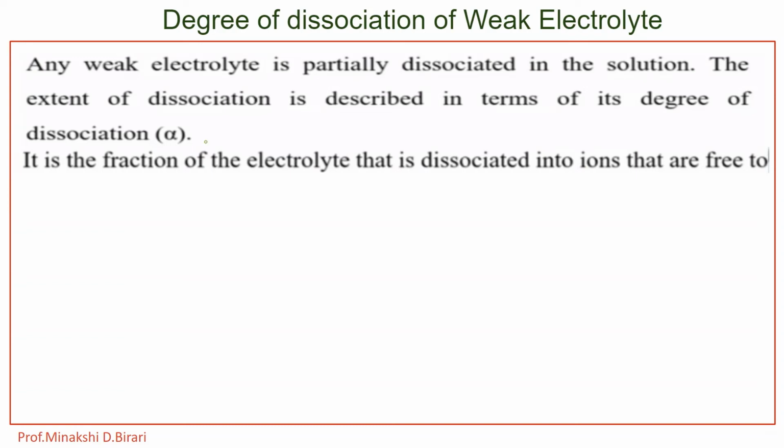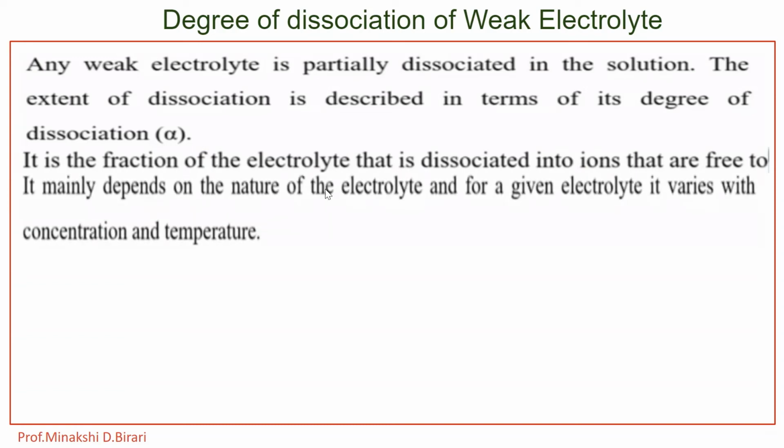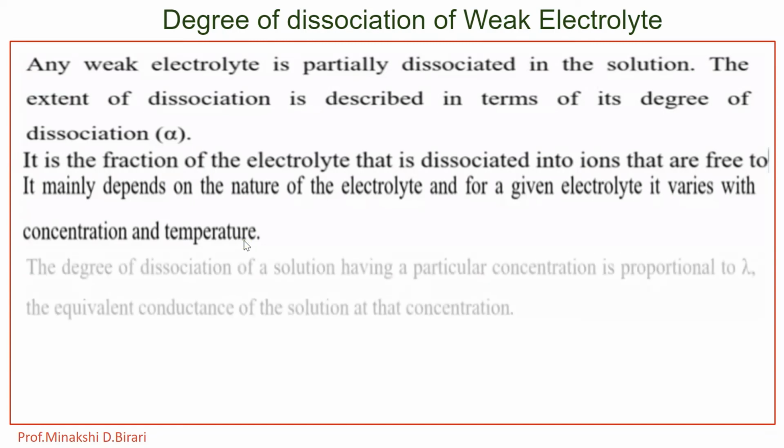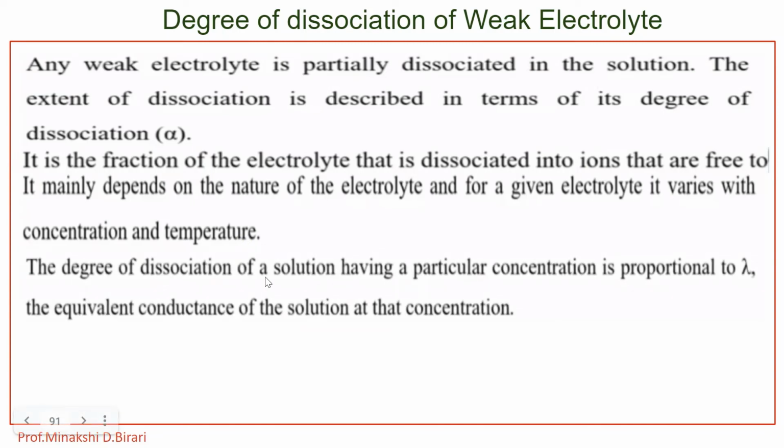It mainly depends on the nature of the electrolyte, and for a given electrolyte it varies with concentration and temperature. The degree of dissociation of a solution having a particular concentration is proportional to lambda, that is the equivalent conductance of the solution at that concentration.